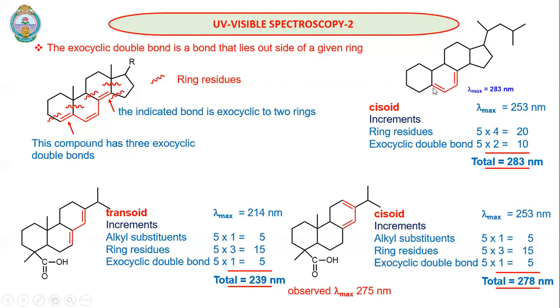And we have one exocyclic double bond with respect to this ring, another exocyclic double bond with respect to this ring. So we have 2 such exocyclic double bonds, and when we add all these things, it counts to 283. So this is how we need to calculate the lambda maximum values for dienes.